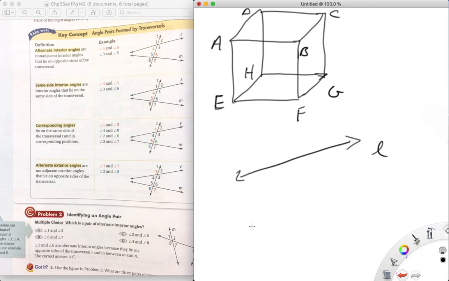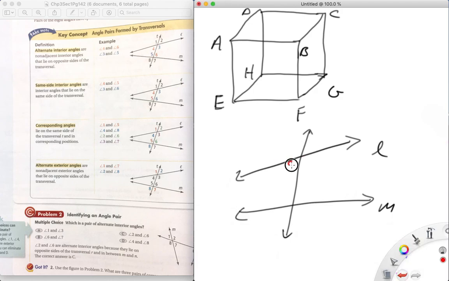Line L, line M, my transversal. So we have the first set of angles, and they're called alternate interiors.